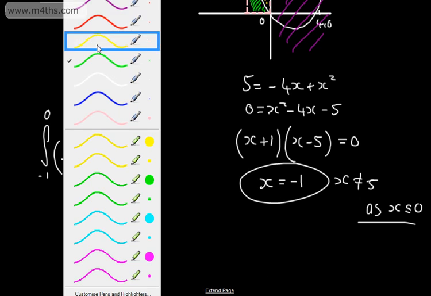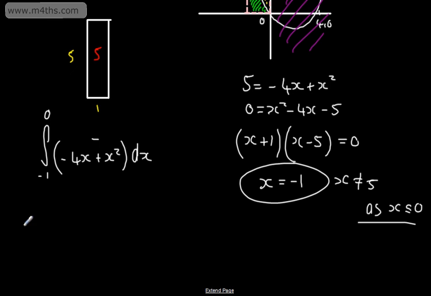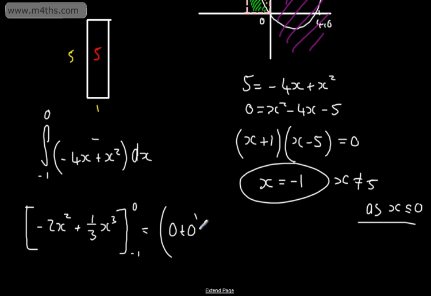So let's go ahead and do that. What we're going to have then, that area is going to be, well, if I integrate this, negative 2x squared plus 1/3 x cubed. And we're interested in this from negative 1 to 0. So that's going to give me 0 plus 0, and we need to subtract away from this.